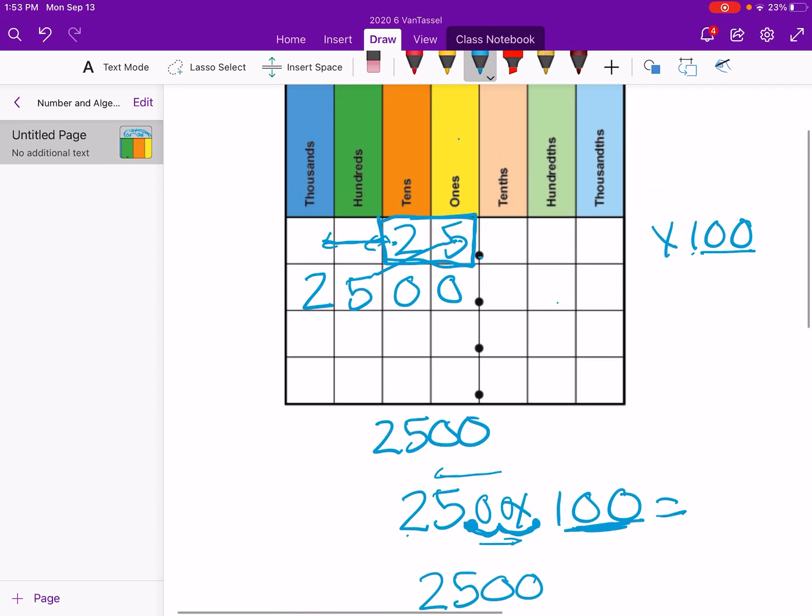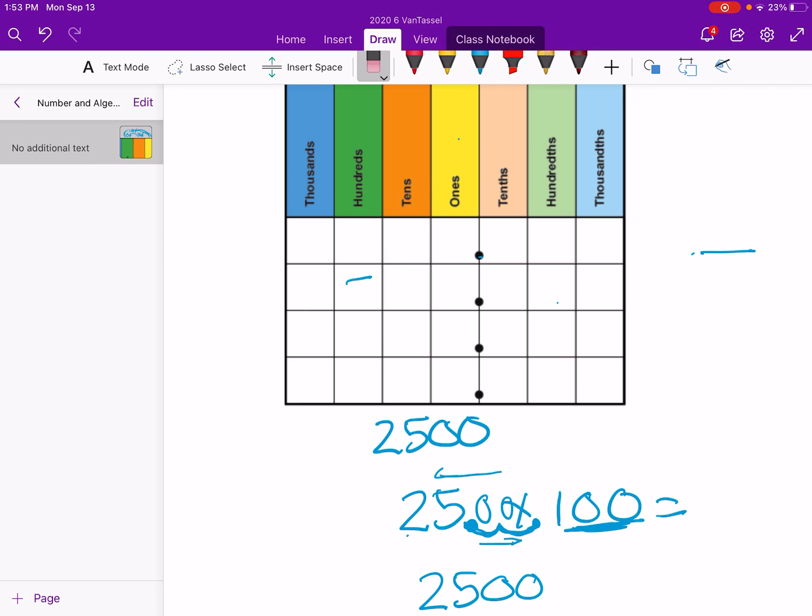So up here, you can see if I had 25 here, and I'm trying to find 100th of it, I have to move numbers this way, two spaces. So this 5 would be here, down at the 100th spot. This 2 would go here. So the new answer would be decimal 25, or 25 hundredths.